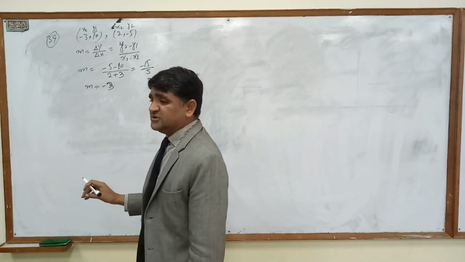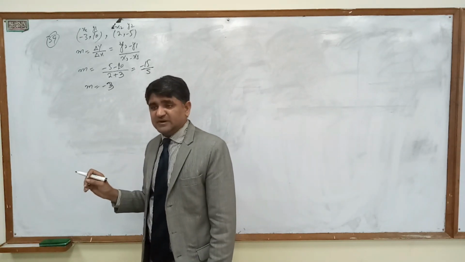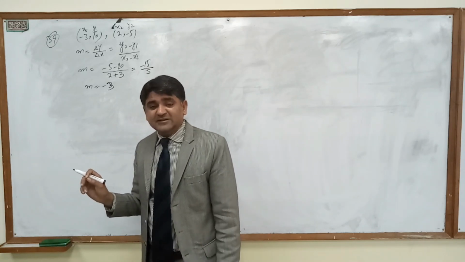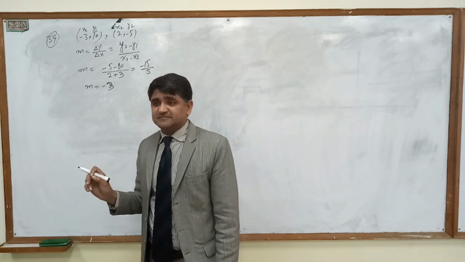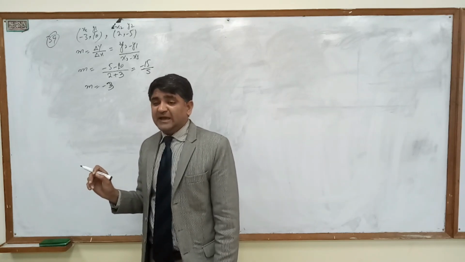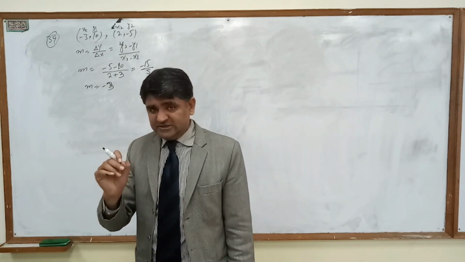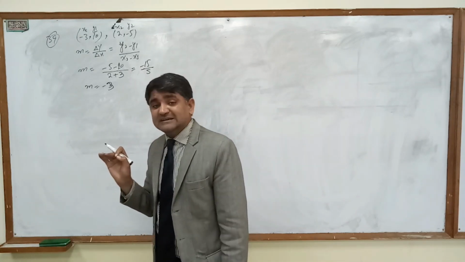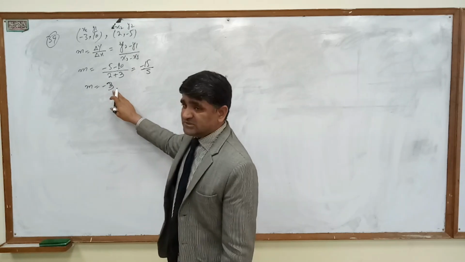So slope is a proportionate change, magnitude change, or rate of change. Due to change in x, y will increase or decrease. If x is increased by 1 unit, will y decrease or increase? Decrease. Output will decrease by how many units? 3 units.